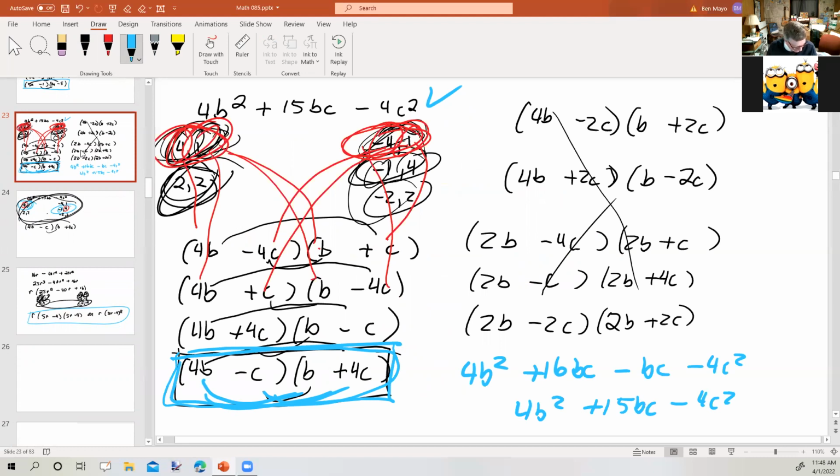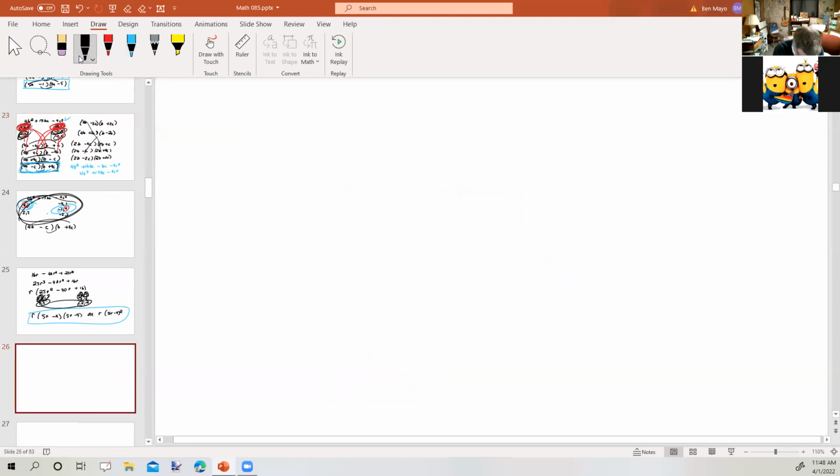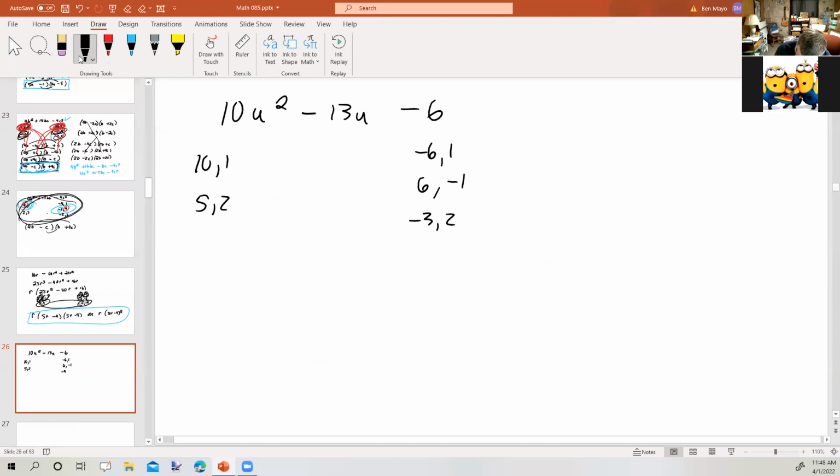Okay. Now, let's look at one more example here. 10u squared minus 13u minus 6. So I've got 10 and 1, 5 and 2, minus 6 and 1, 6 and minus 1, minus 3 and 2, minus 2 and 3.